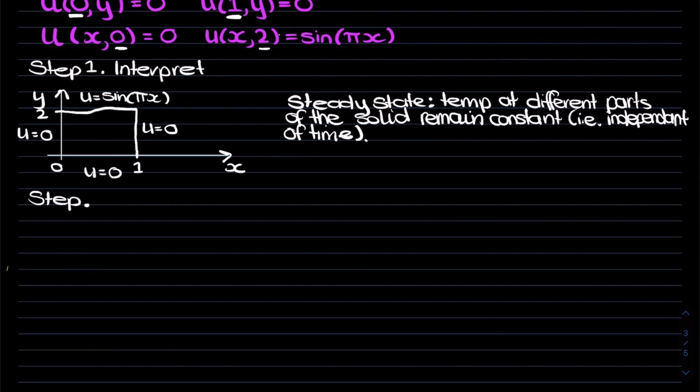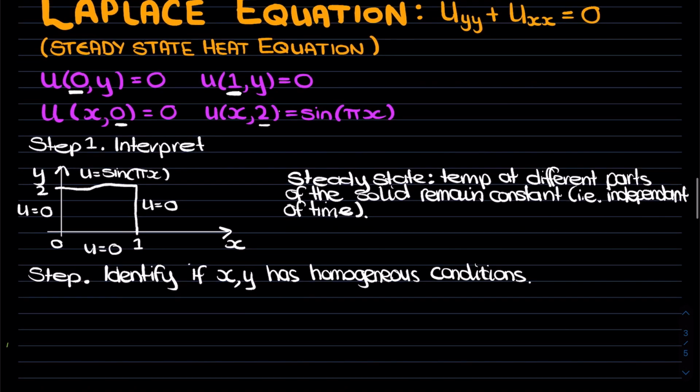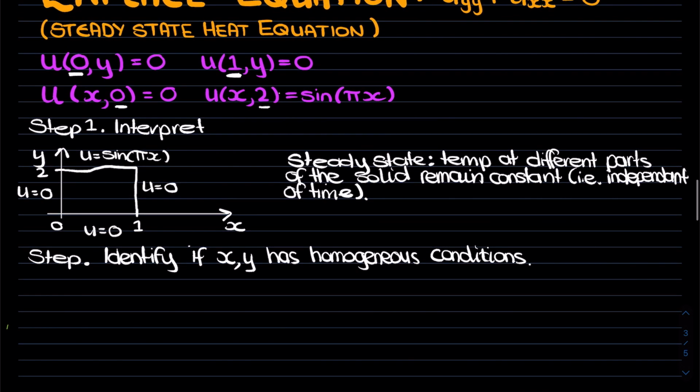So in our case, we can see that it is our x variable that has them, because these are our homogeneous conditions, whereas our y variable here has one non-homogeneous condition.